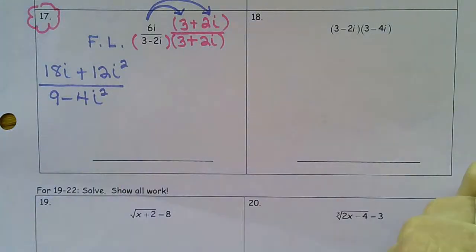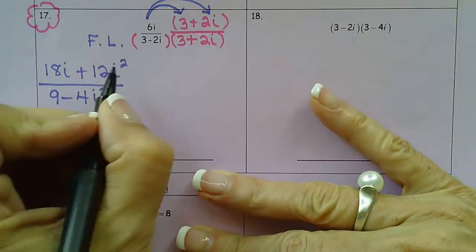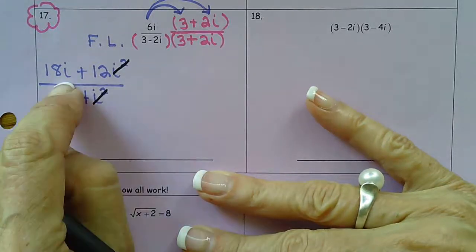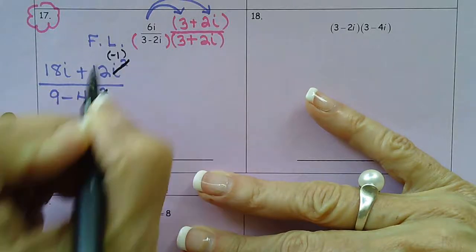But the first thing we learned when we learned imaginary numbers, or second thing we learned, is that i squared is really -1. So anywhere you see an i squared, replace it with -1.